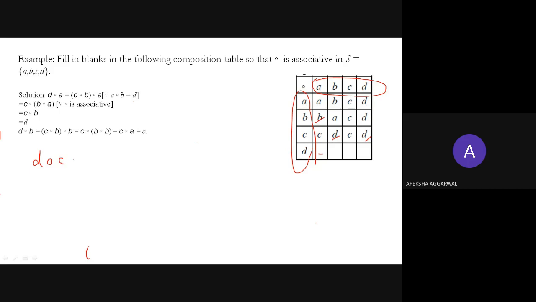DOC इज इक्वल्स टू, क्या निकाला सबसे पहले? COB, COBOC, ये निकाला है, ओके। तो अब एसोसिएटिव है तो हमने ये वाला ब्रैकेट हटा के ये वाला लगा दिया, ठीक है। BOC क्या आएगा?